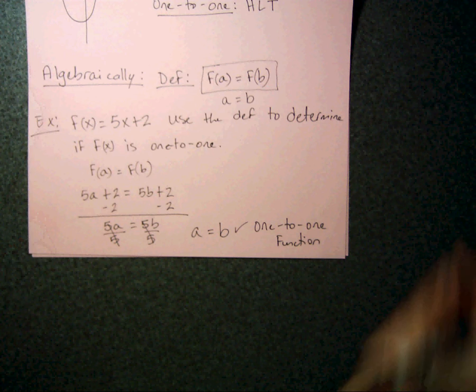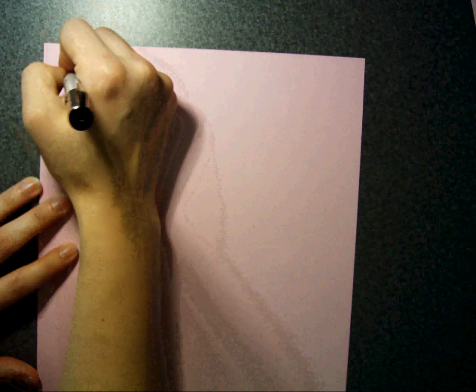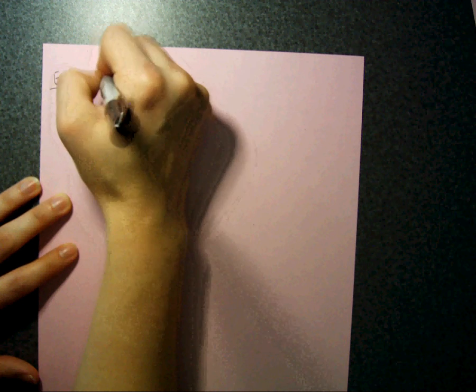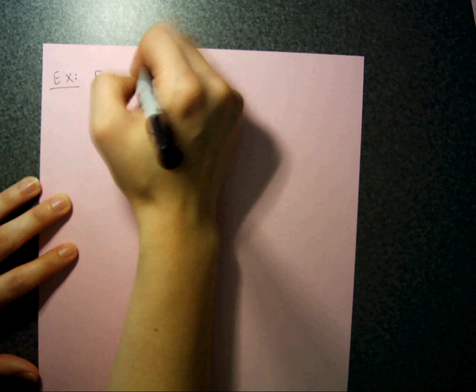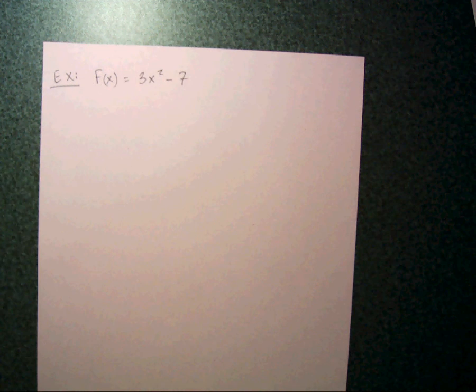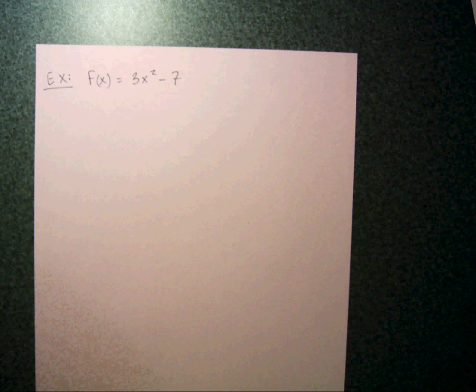Okay? All right, so let's look at one more example. I have the function f of x equals 3x squared minus 7. Same task: I want to use the definition of a one-to-one function to determine if f of x is in fact one-to-one.